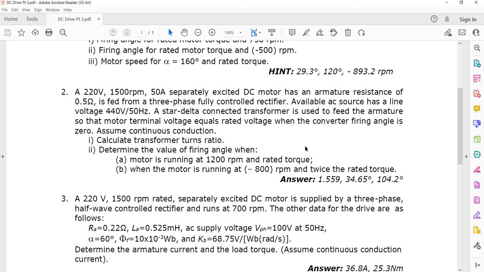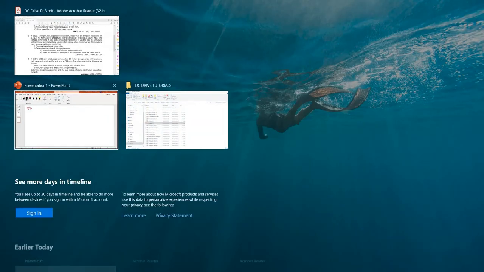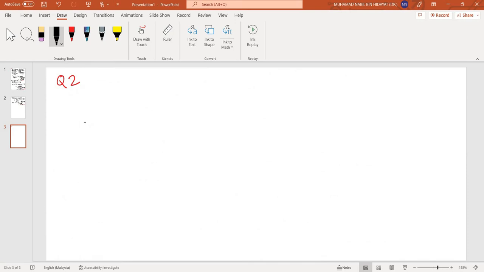So this is good if we can draw the equivalent circuit. So star delta. Let's draw the star delta connection.